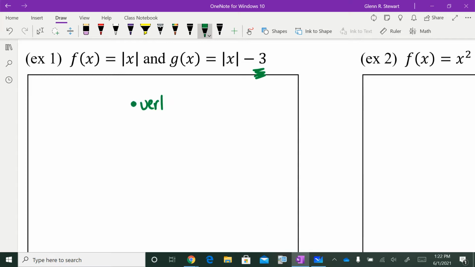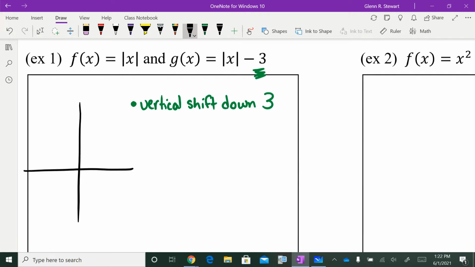So we would say that this is a vertical shift down 3. Kind of show you what this graph would look like. The absolute value. And then if I was to shift it down 1, 2, 3, it would pretty much just be the same shape.